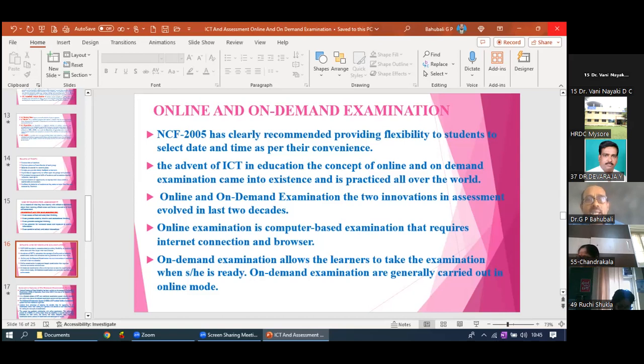So you have to arrange based on the readiness. That is Thorndike's principle, the law of readiness. Based on that concept, when the learner is ready to take the examination, you have to provide it, and providing the examination according to their readiness is nothing but on-demand examination.